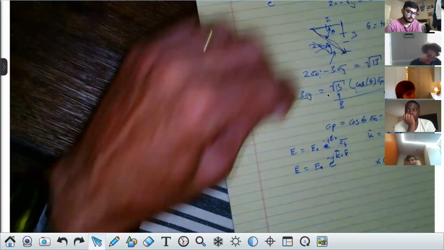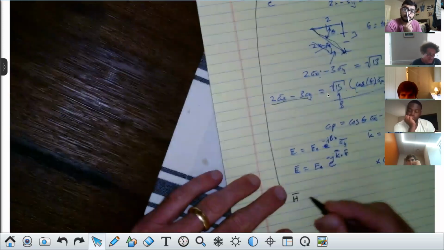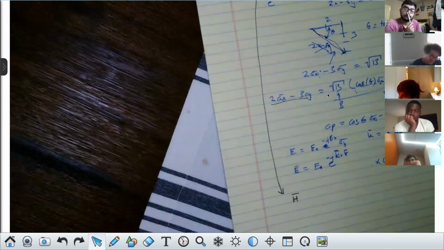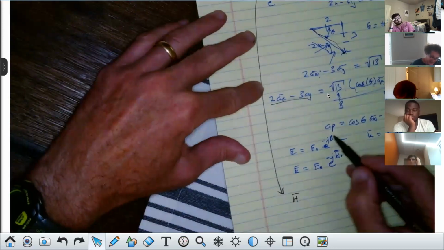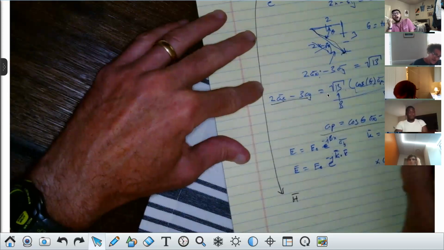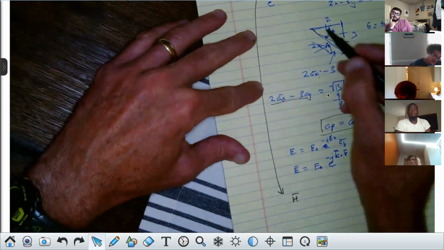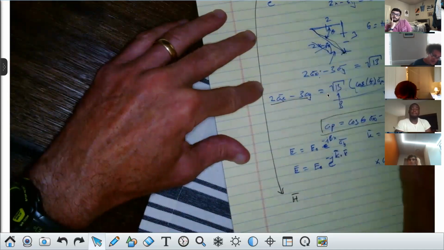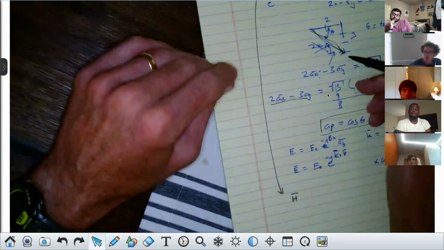So I'll get back to you on this one. Now to get h out of this. The h field itself, you get, because we have the vector, we have the direction of propagation, which is this. And I got it by doing this. I had 2 and 3, so I could figure out a unit vector of propagation down here. Y'all follow me on this? I'm going to do another problem because I don't think I'm covering this quite as well as I should.